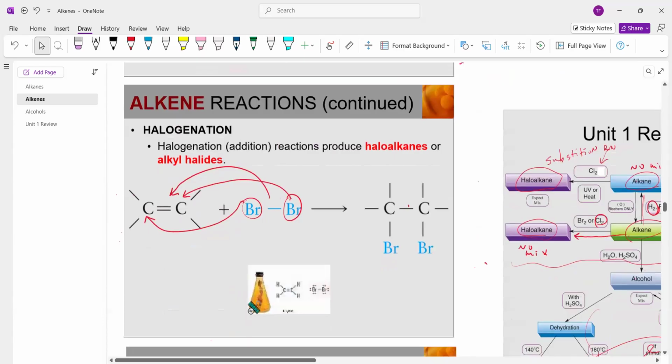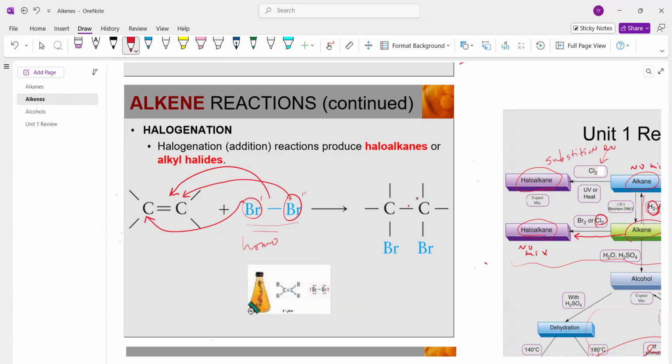Okay, so here we have an addition reaction, number one, because we're going to add something to the double bond. Number two, it's a homogeneous addition, not a hetero. Homos are simpler than the heteros. What happens is the BR, let's call this BR1 and BR2.